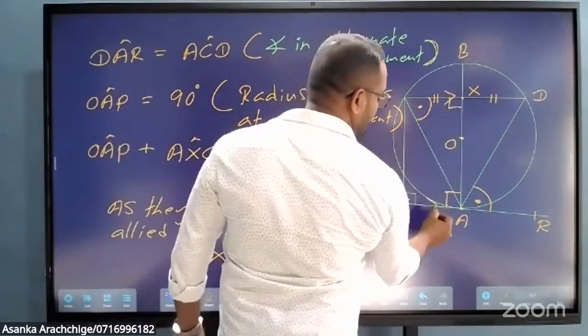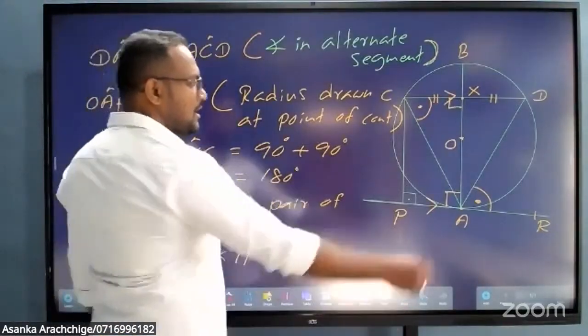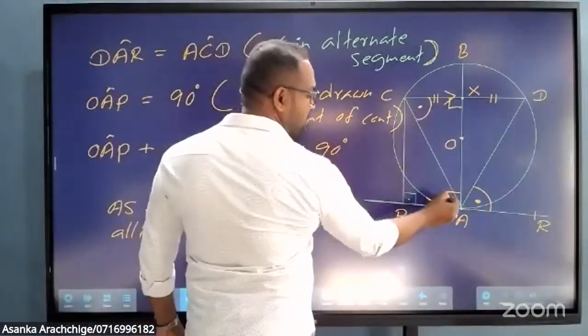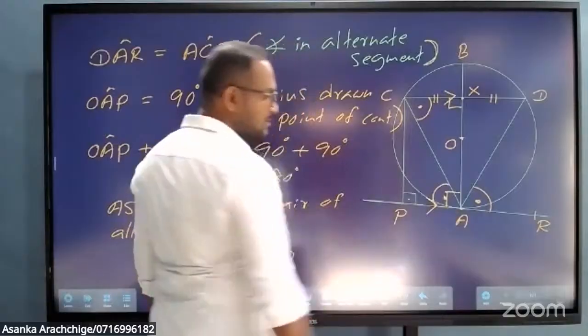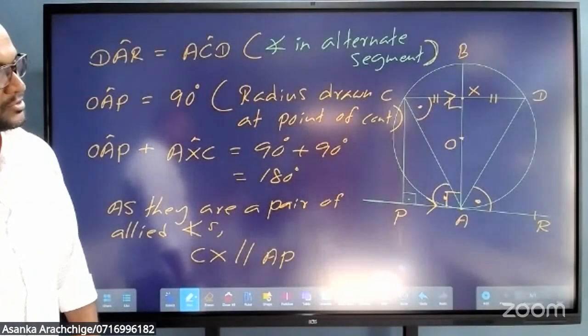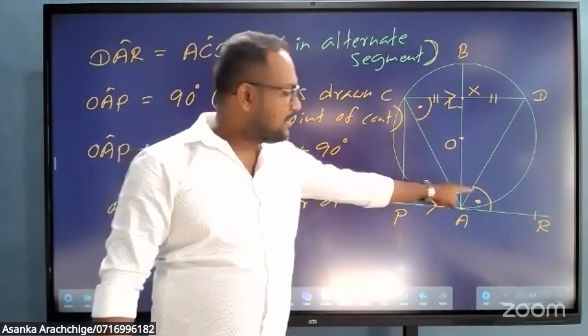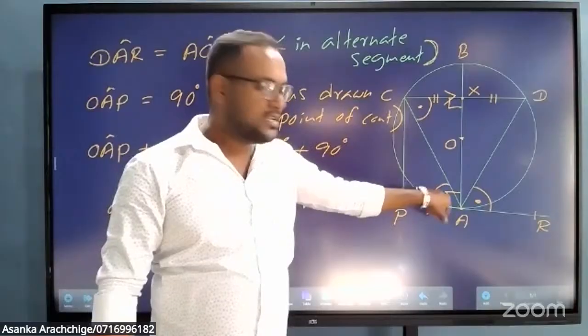These two are parallel. Then this angle must be equal to this angle. Alternate angles between parallels. So this one equals this one, and this one equals this one.